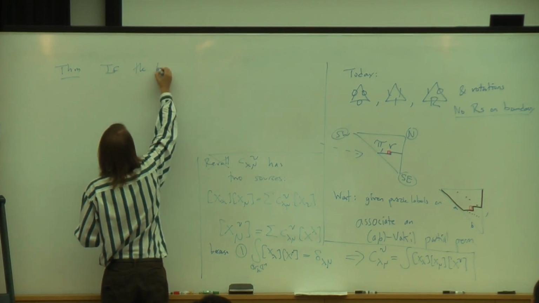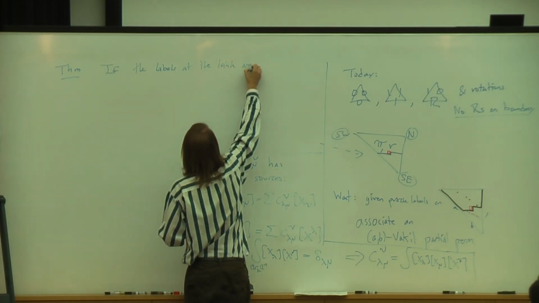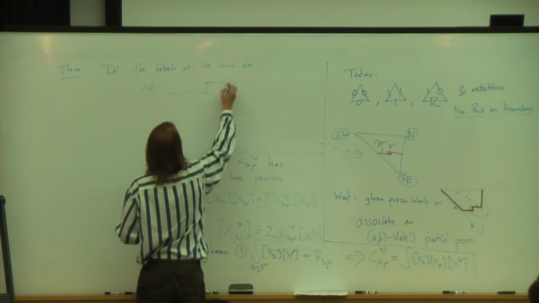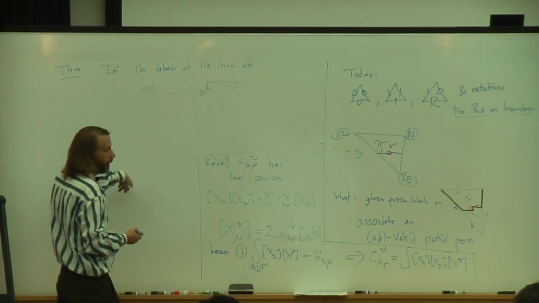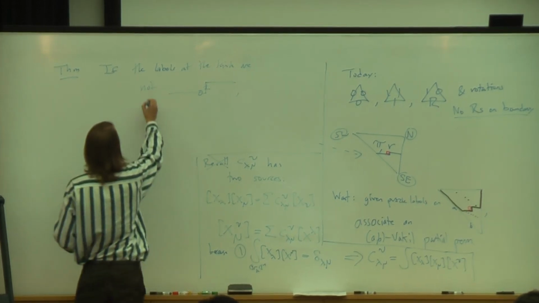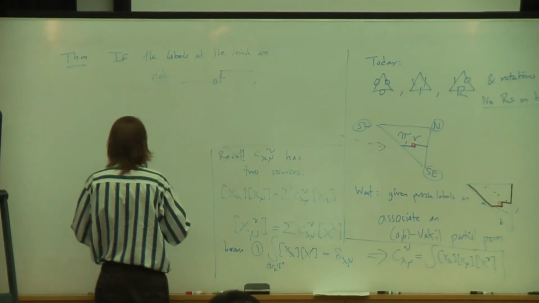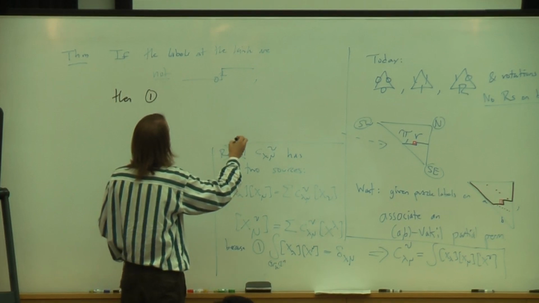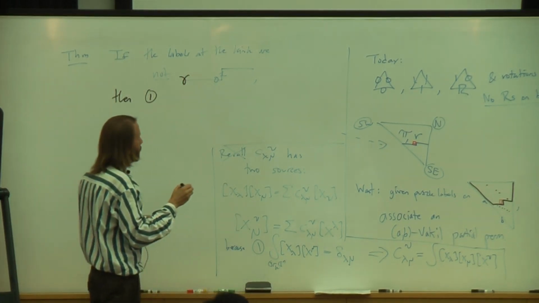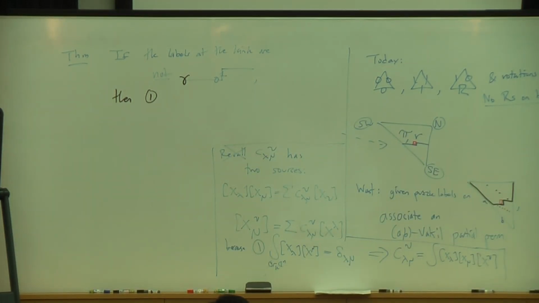If the labels at the kink are not a 1 followed by a 0, and I just erased the thing that said that's the ambiguous case where you don't know what to do, so if they're not the ambiguous case, then, okay, let me call this labeled thing gamma, and this association, gamma goes in, and a partial permutation associated to gamma comes out.